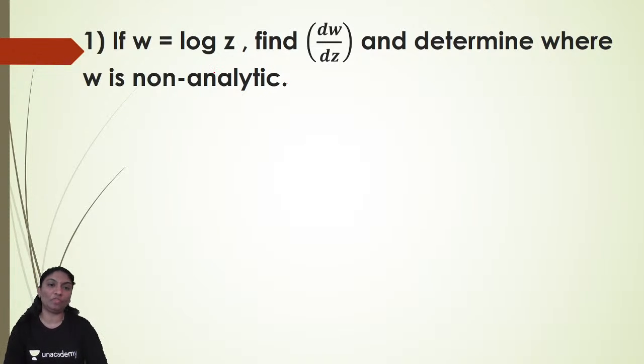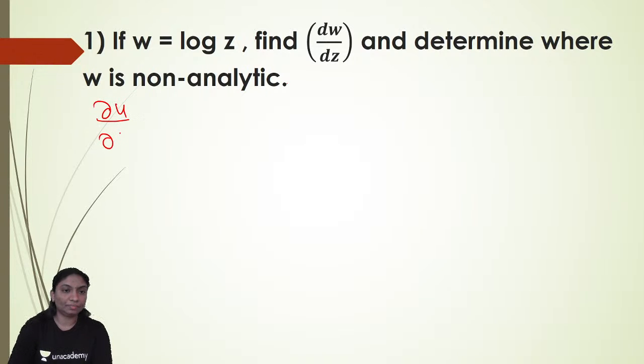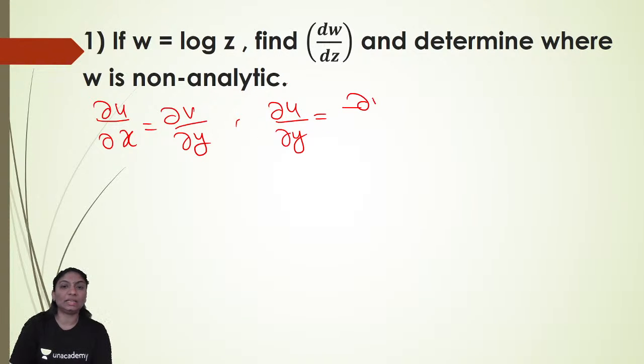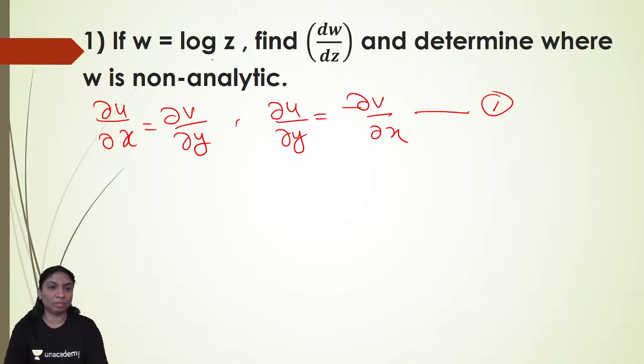For that, we will find out whether the given function satisfies the CR equations or not. So what are the CR equations? ∂u/∂x is equal to ∂v/∂y, and ∂u/∂y is equal to minus ∂v/∂x. Call this equation number 1. We will check whether the given w is equal to log z satisfies equation 1 or not.